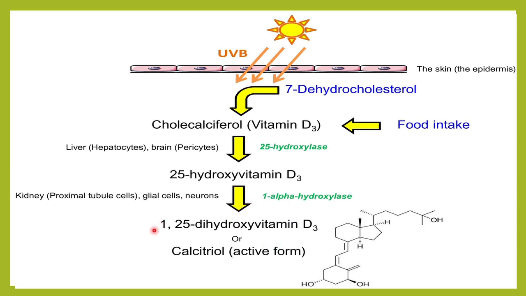So 125 dihydroxy vitamin D3 is the active form, whereas 25 hydroxy vitamin D3 is the stable form. So usually जो blood test हम करवाते हैं that is 25 hydroxy vitamin D3, ये ही टेस्ट करवाते रहते हैं.